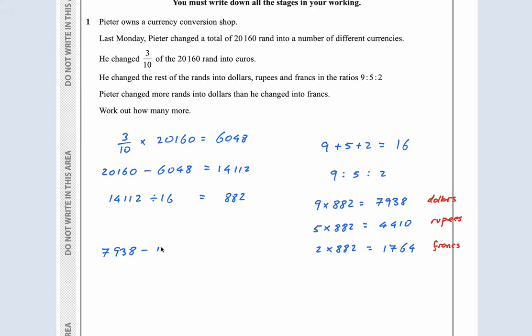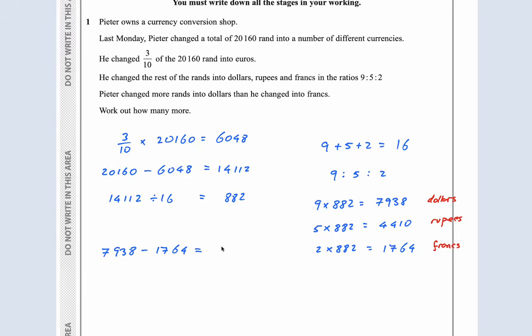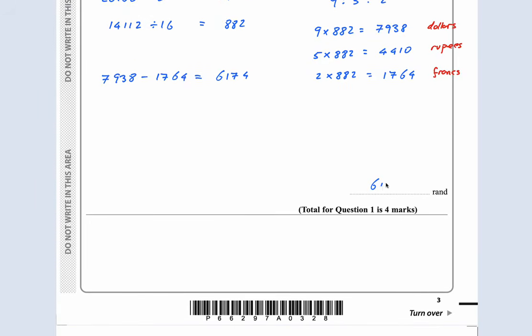Minus the number of francs will give me how much more rands he changed. And I just subtract them. 7938 minus 1764 gives me 6174, which is correct. 6174. Okay, difficult first question.